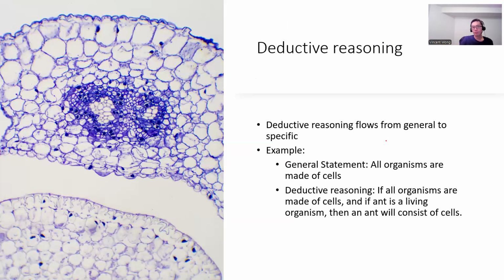So if all organisms are made of cells, and we have an ant here, we know that an ant is a living thing. And even though I haven't checked what the ant is made up of yet, I can reasonably conclude that the ant also consists of cells. That's deductive reasoning, applying a conclusion to a specific case.